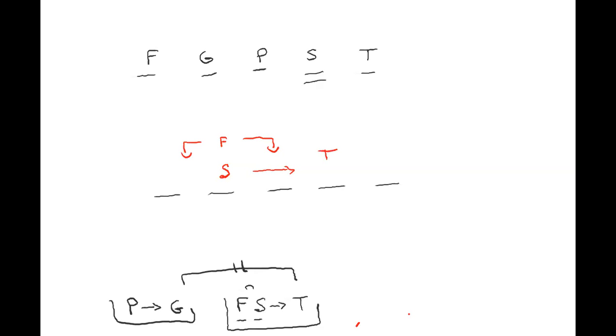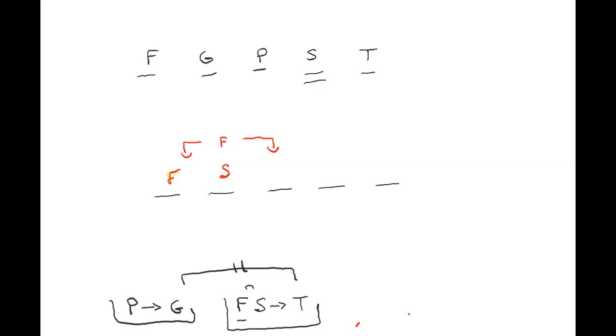If I put sportswear in second, I've just got to get the P in front of the G. So I can take the T here. I'll put the F here in first.